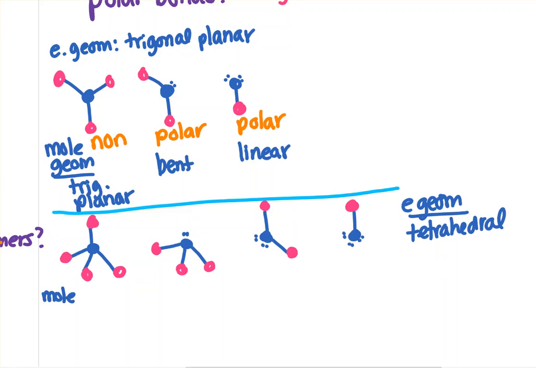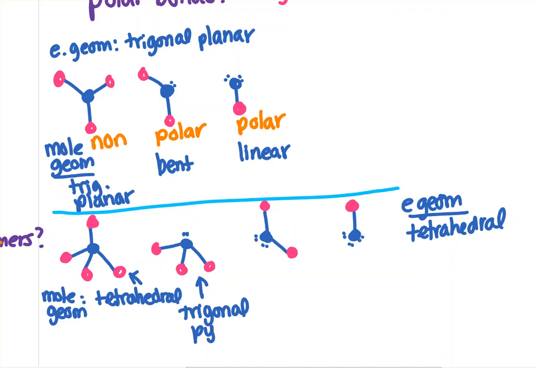The molecular geometry on these: this is tetrahedral. This one is trigonal pyramidal. This one is bent, and this one is linear.